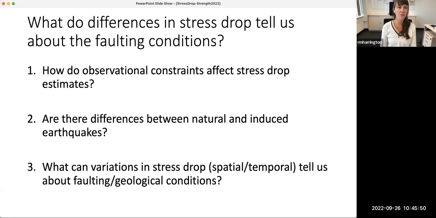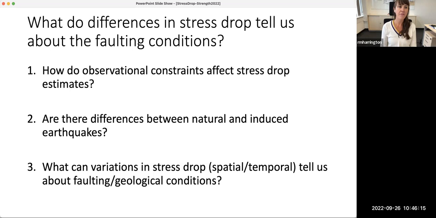Before we do that, I'm first going to address how observational constraints affect stress drop estimates, because surely some of this scatter between these 2 to 3 orders of magnitude difference of stress drop values may be related to limitations in our observations, particularly for smaller earthquakes.